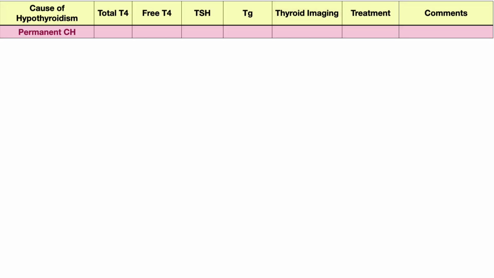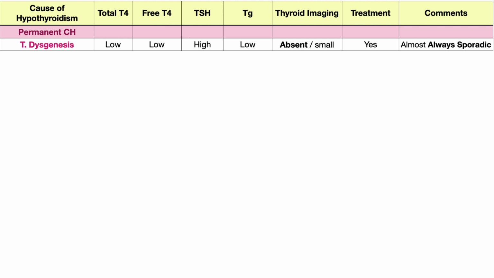Now let's summarize all the things we have learned so far and also relate them with the lab diagnosis and further management. The permanent congenital hypothyroidism. Out of the 4 types, the first type is thyroid dysgenesis. The total T4 is low, free T4 is low, and the TSH is high. The thyroglobulin here is low, and on thyroid imaging we see that the thyroid gland is absent or small.